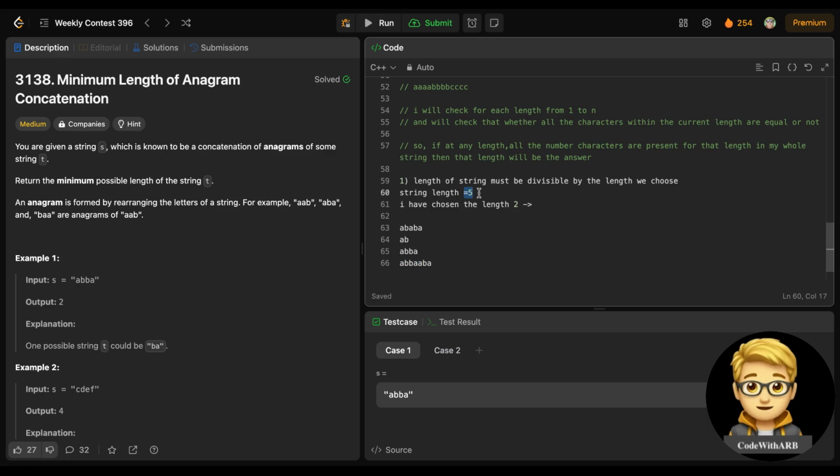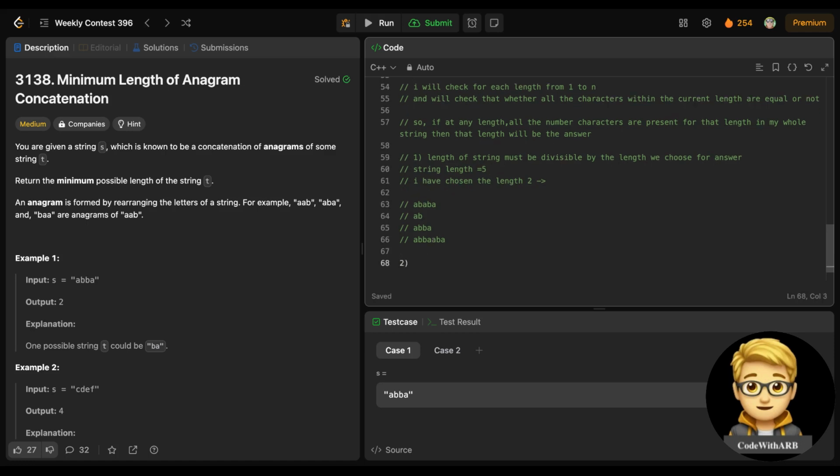So we will check the divisibility condition that the string length should be divisible by this 2, right? That's why the length of the string must be divisible by the length we choose for the answer. So that is the first condition. The second condition: what will we do after checking this?